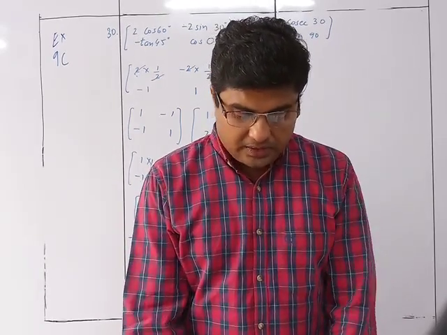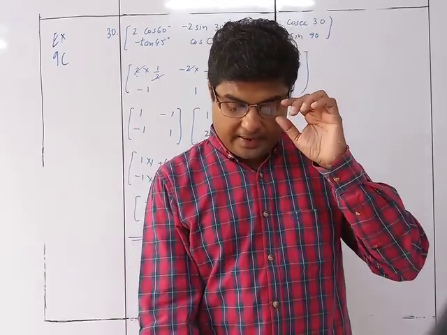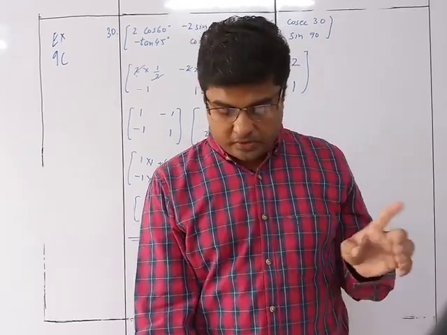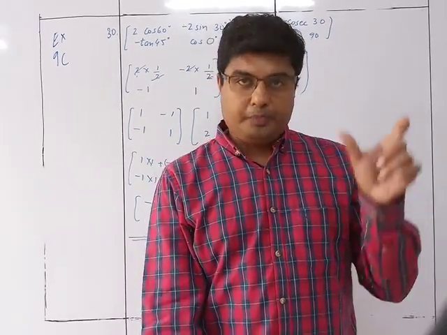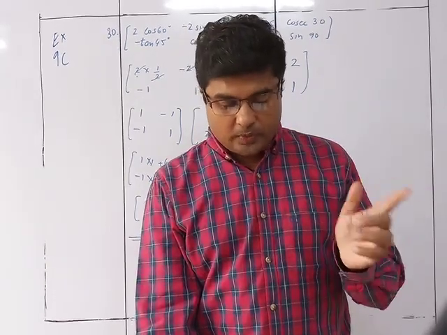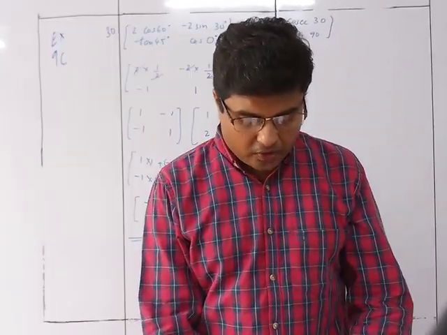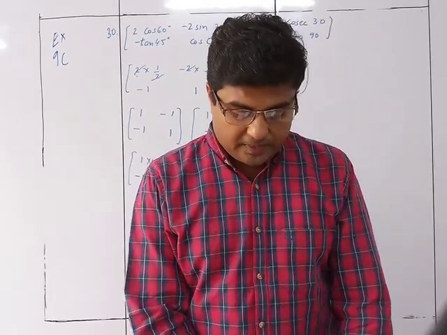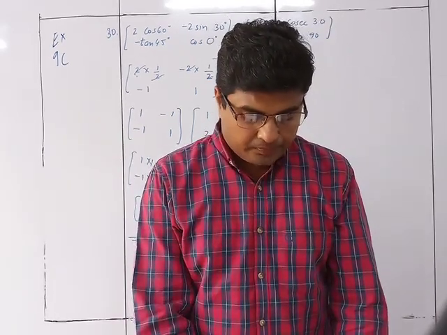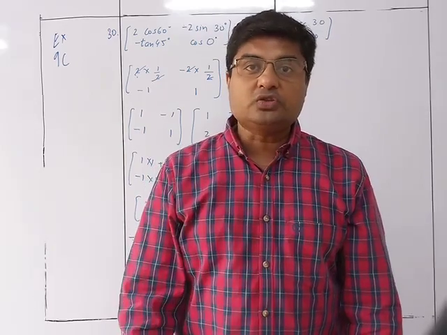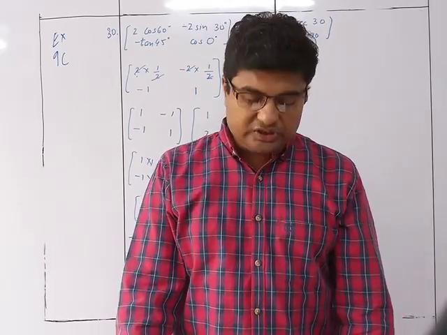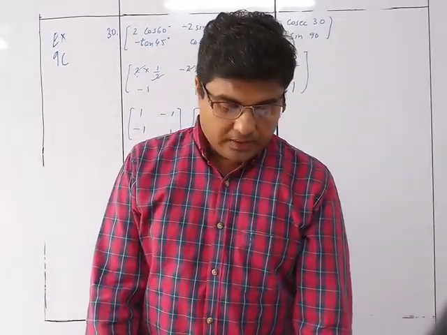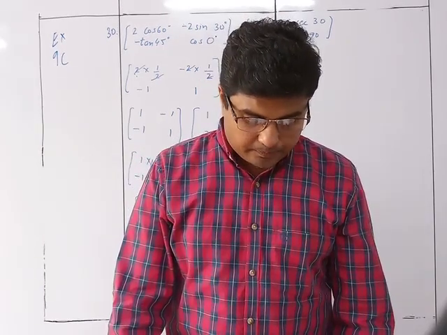Now we come to the fourth one, (A plus B) into C is equal to AC plus BC. If I have A plus B and then multiply by C, it is the same as A into C and B into C. So it is seen that it will be true, because multiplication is distributive in nature, distributive over addition.